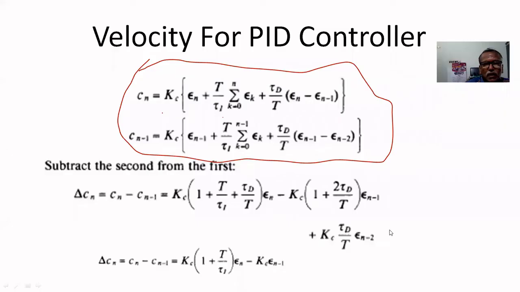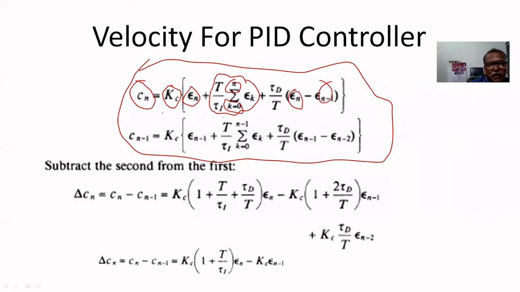How do we find that? We find the controller output at the nth sampling instant: Kc multiplied by the nth sampled error, plus the integral term, a summation from k to n, and the derivative term, the difference between the present error and the previous error.